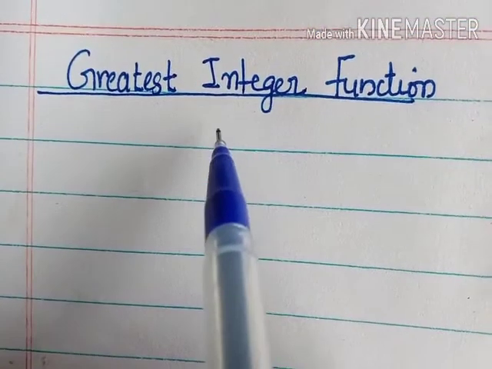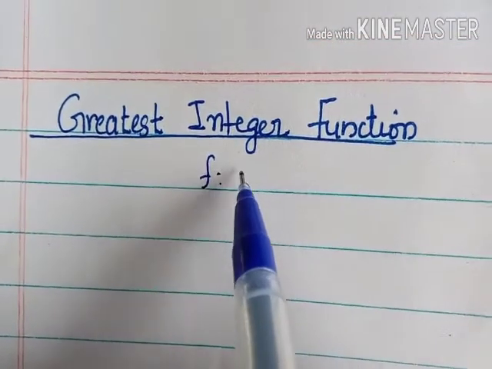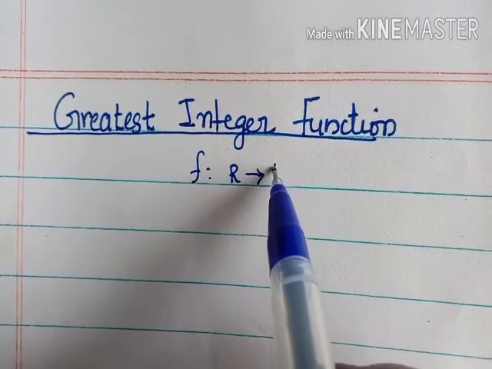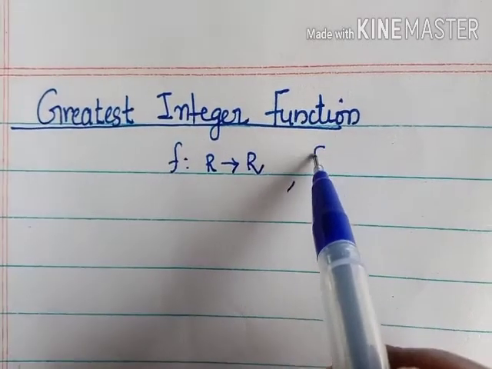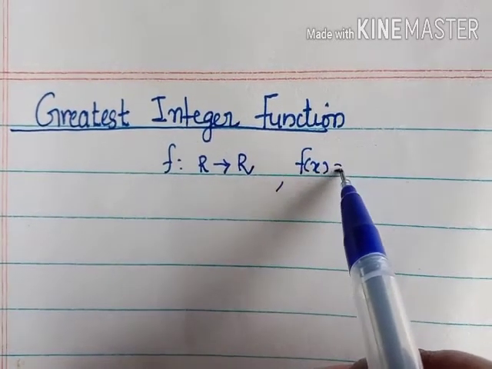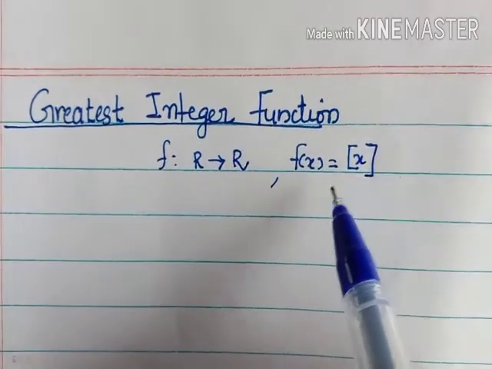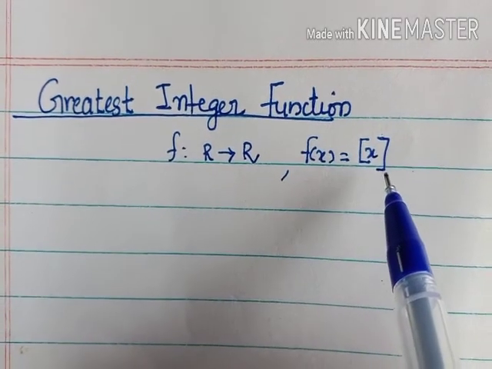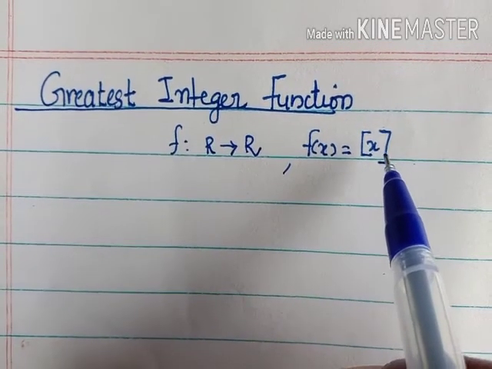Integer function. So listen, there is a function f from the set of all real numbers to the set of all real numbers defined as f of x equal to, see the symbol, read as the greatest integer of x.